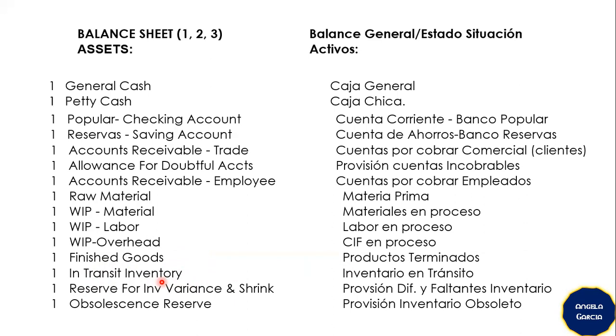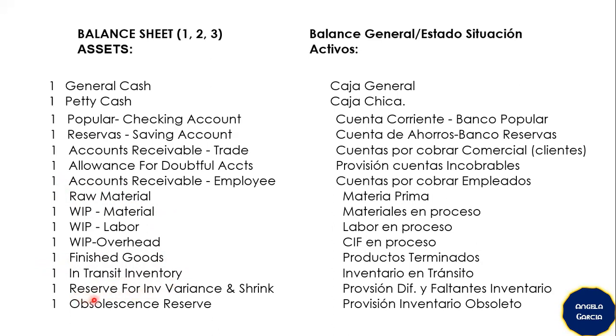So when you are not receiving the product yet, you charge this account instead of raw material. You cannot charge raw material for an inventory that is not within the warehouse, so you need to charge in-transit inventory.